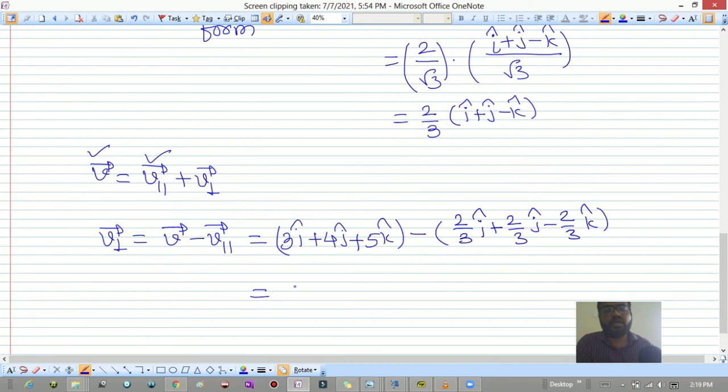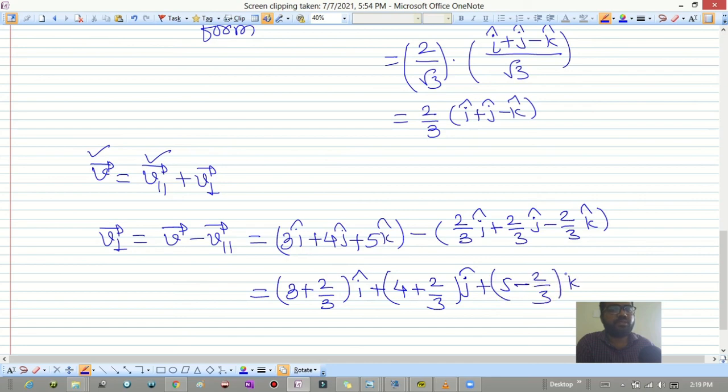So now we have 3 minus 2 by 3 i hat as the x component, plus 4 minus 2 by 3 j hat as the y component, plus 5 minus a negative 2 by 3 component in k hat.